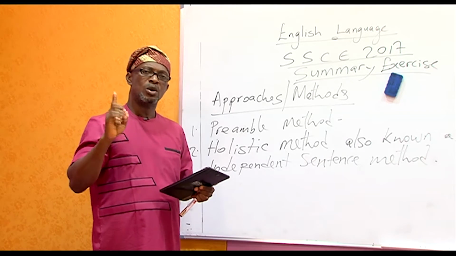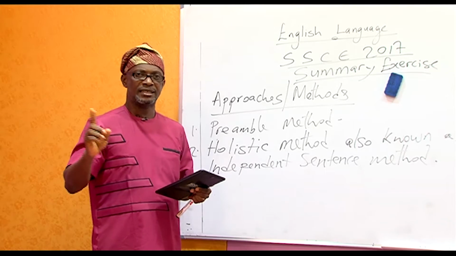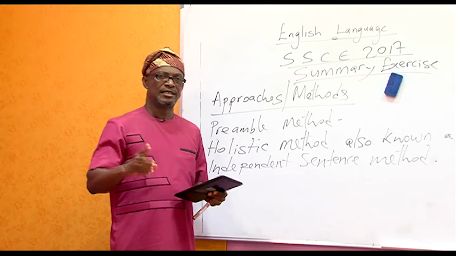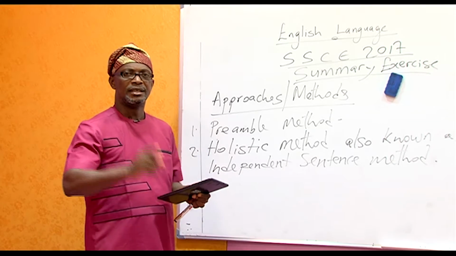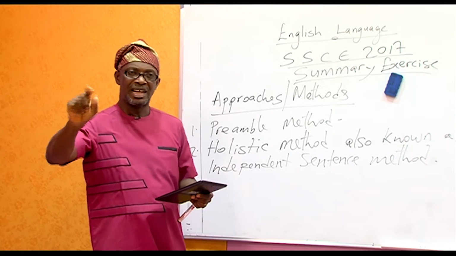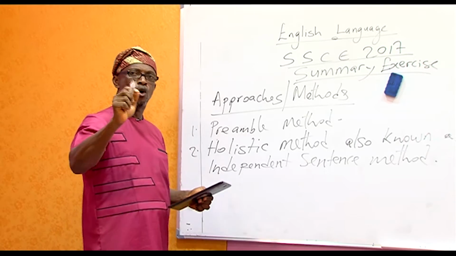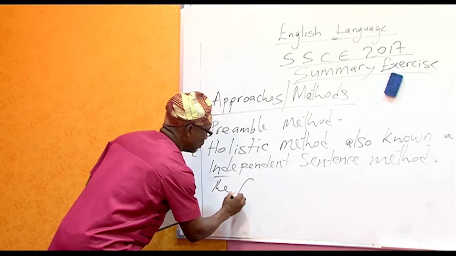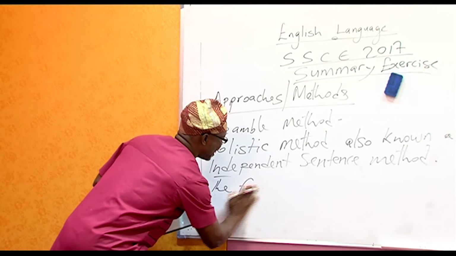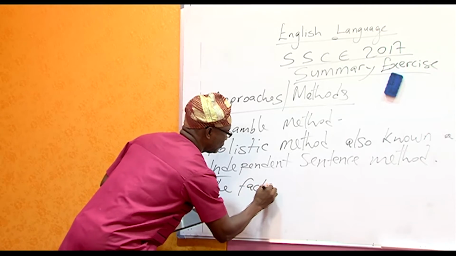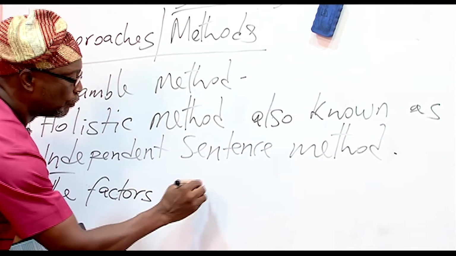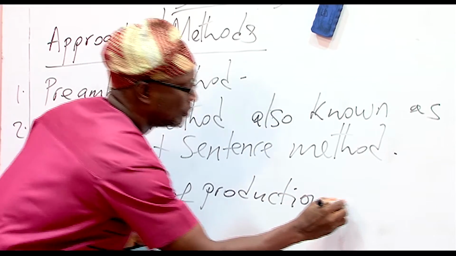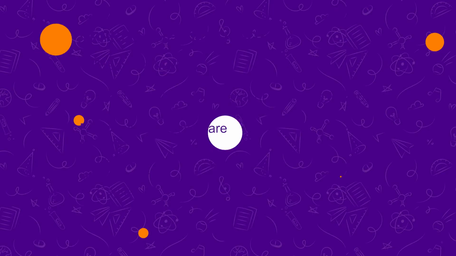Remember, we said your answers should always be in sentences, and you have been asked to summarize in 4 sentences according to the passage the 4 factors of production. Before now, when you go preamble and you go this way, the factors of production are.